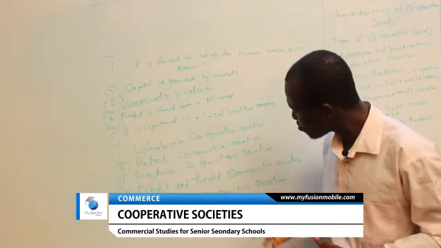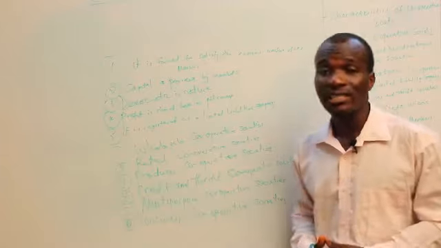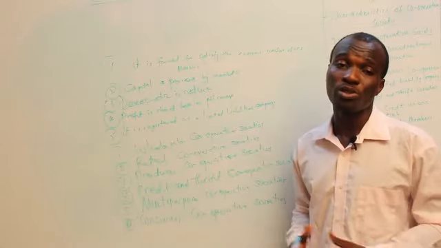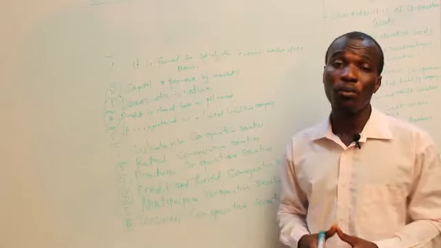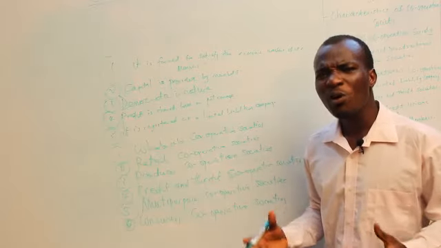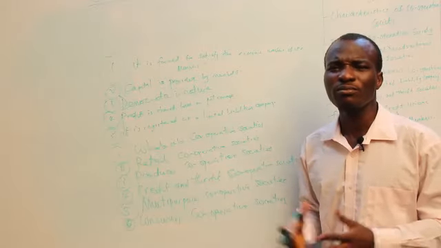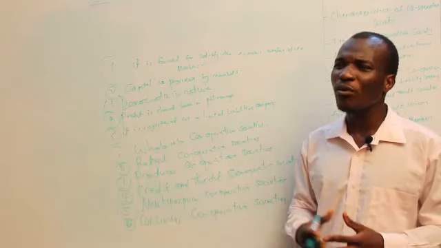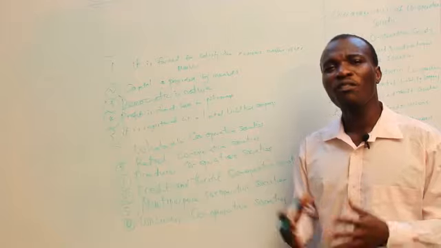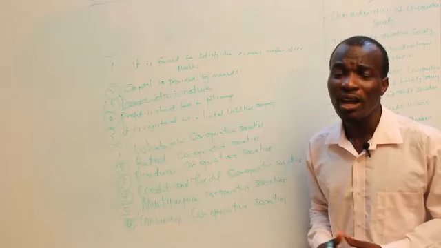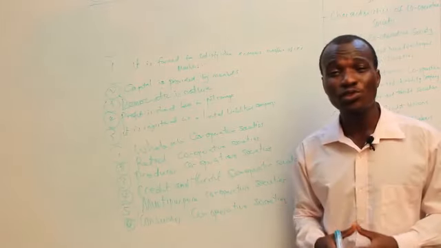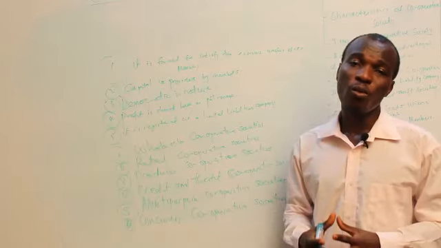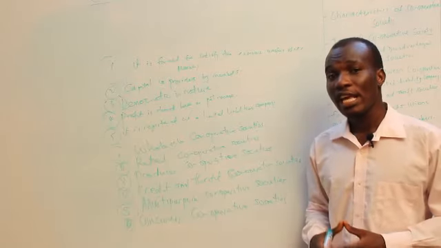So we also have the multipurpose cooperative society. As the name implies, it is multipurpose. This society is usually formed to perform various services to its members. It carries out different forms of services and welfare packages for its members, and this form of society is usually formed by existing cooperative societies.